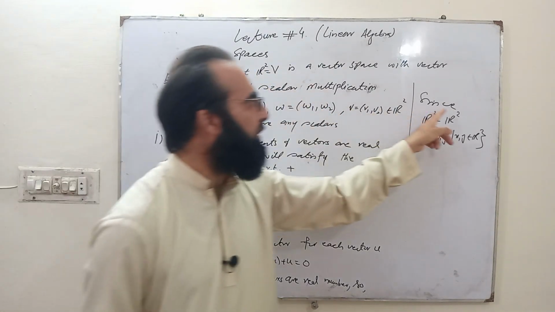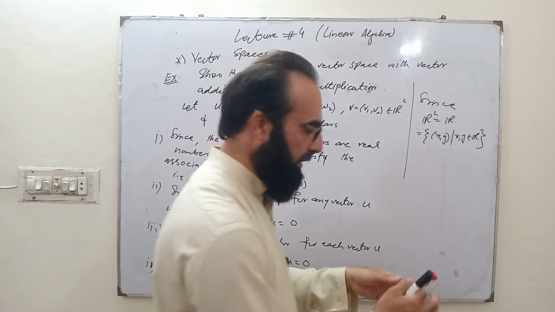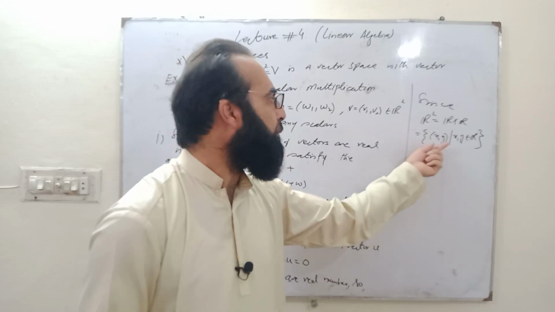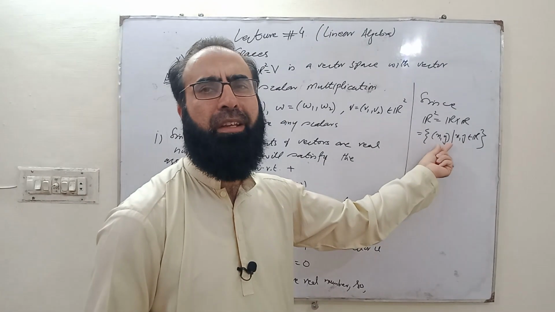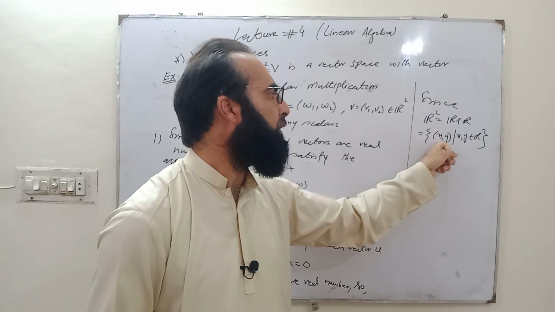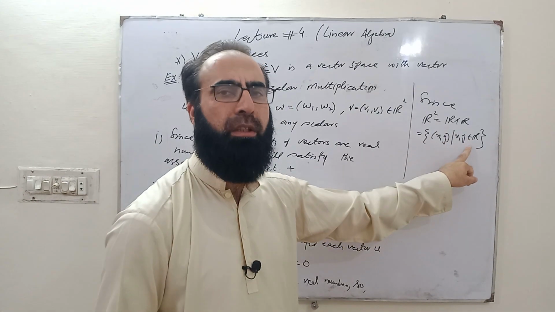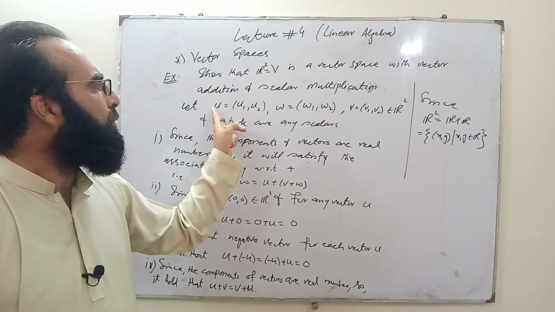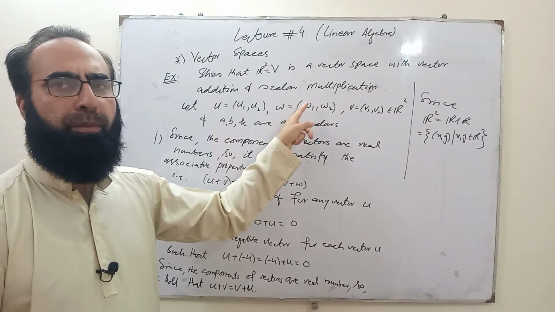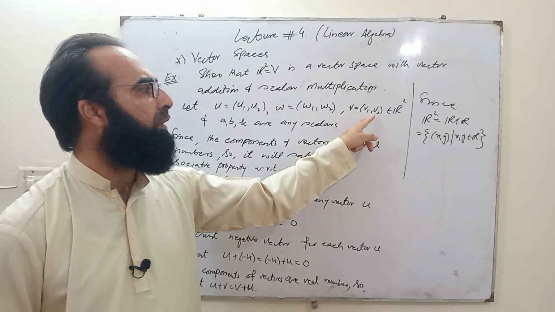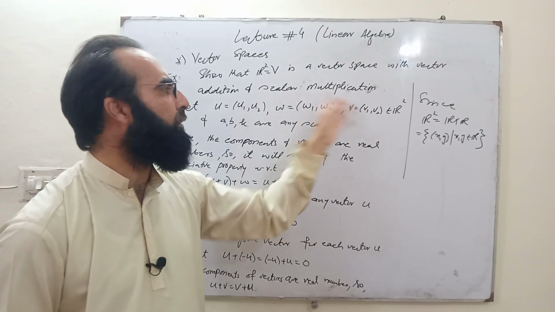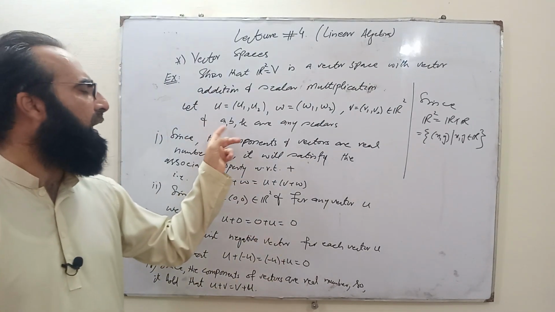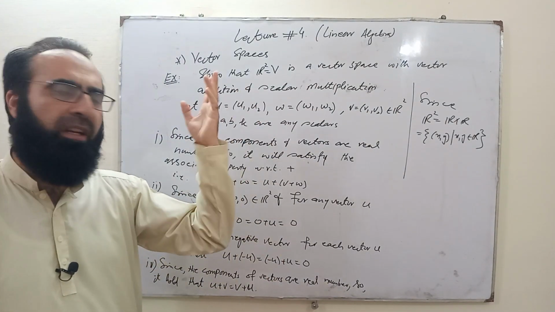Since R square is basically R cross R, and its vectors are just like ordered pairs, and the components of each ordered pair are real numbers, u consists of two components, v consists of two components, and w consists of two components, as u, v, w belong to R square. And we take any scalars a, b, c, r and k.